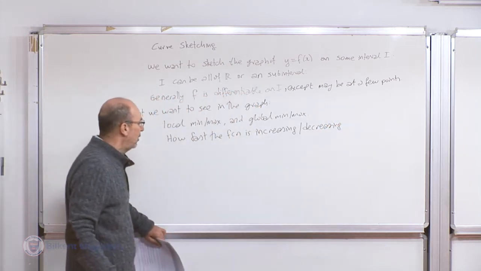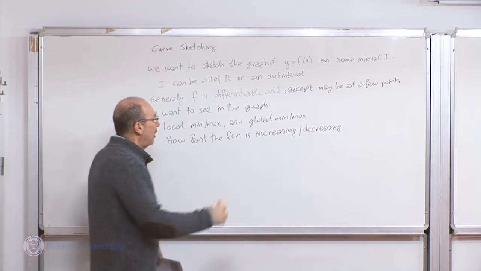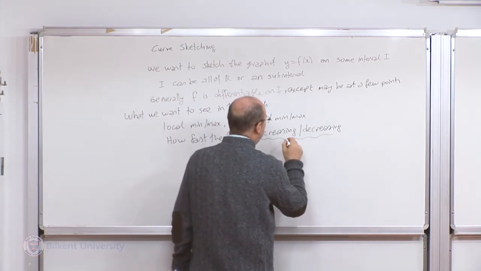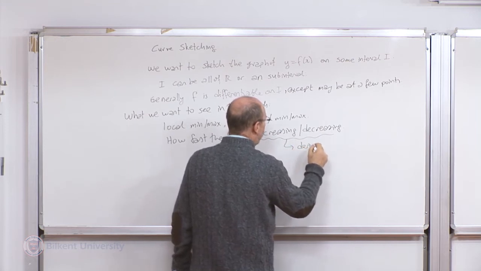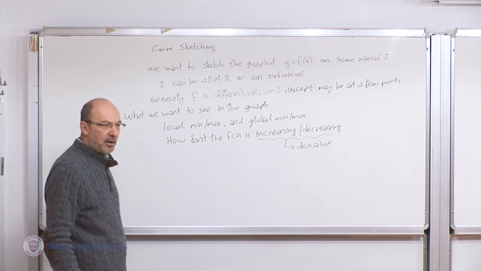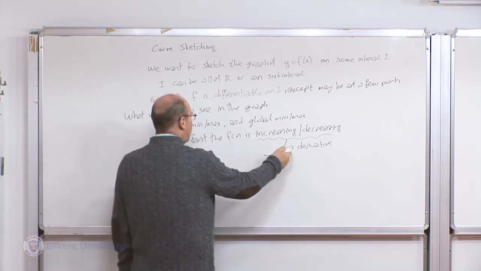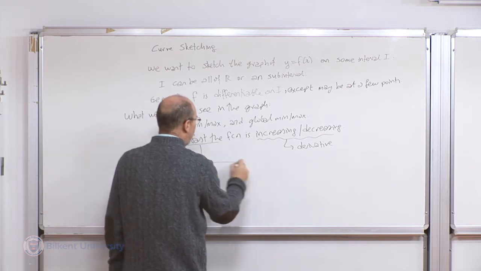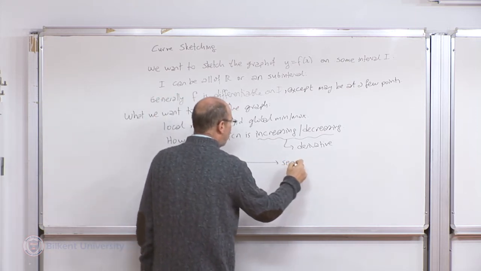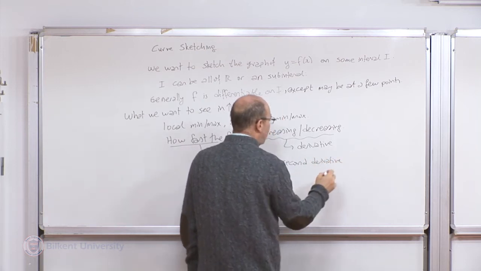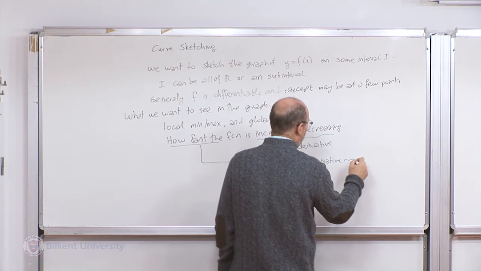That increasing or decreasing has to do with the derivative. So the derivative gives us information about this. The speed of the derivative is now the second derivative. And this shows itself as concavity.